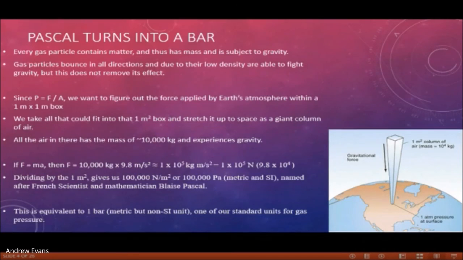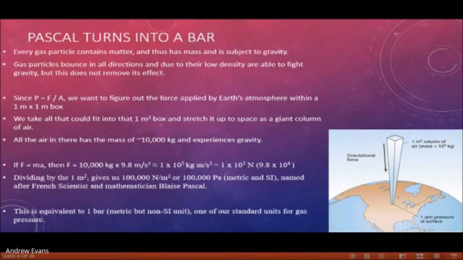But say that, okay, that's 10 to the 5th kilogram meters per second squared. Now, mathematically, a kilogram meter per second squared is called a Newton. That's a force. It's a type of force that replaces kilogram meters per second squared. Now, because pressure is force applied over an area, we divide that by a 1 meter by 1 meter box, and we get essentially 100,000 newtons per meter squared.